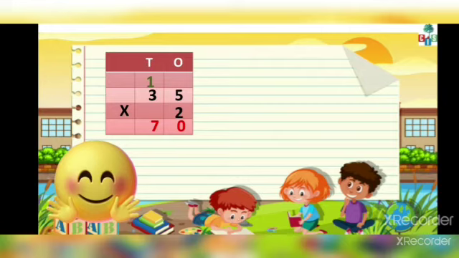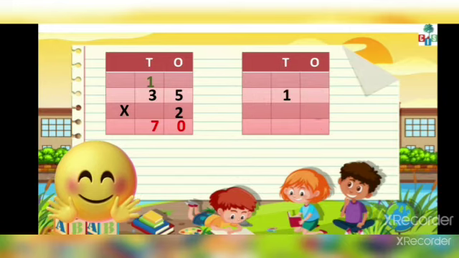Let us do one more sum. Okay. 19 multiplied by 4. This means 4 times 9 ones and 4 times 1 ten. Starting with ones column, 9 fours are.